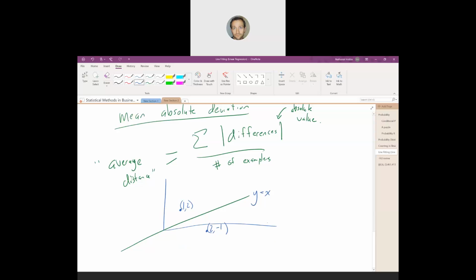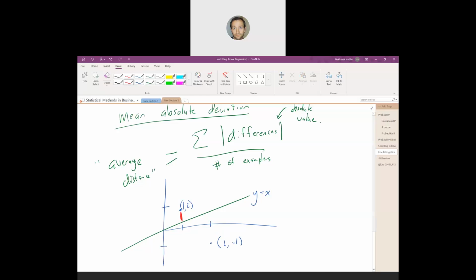Let me redraw this. So there's the graph, and now let's look at the errors.